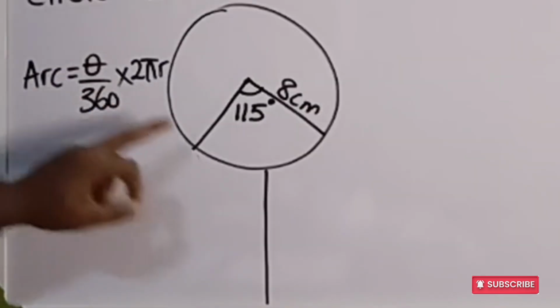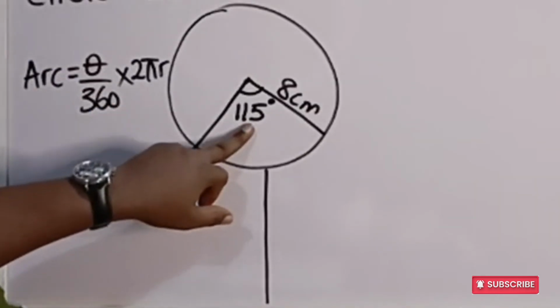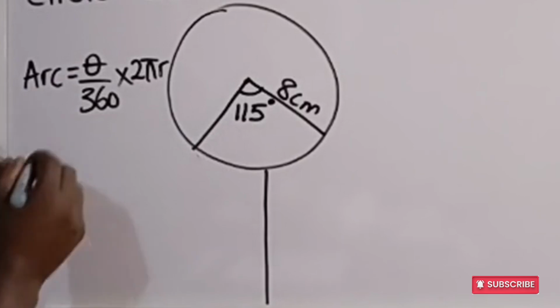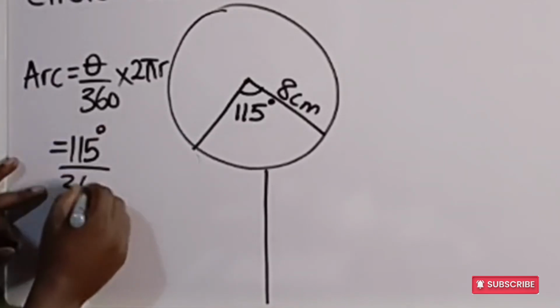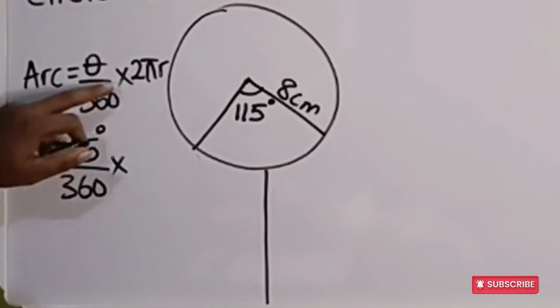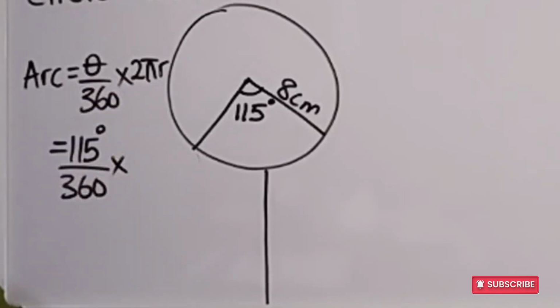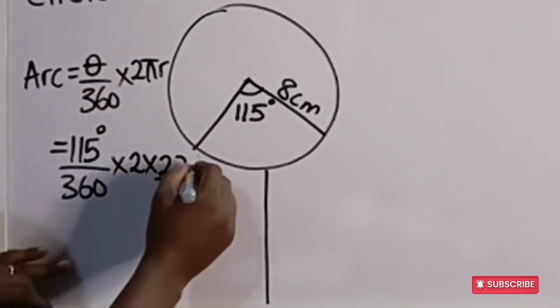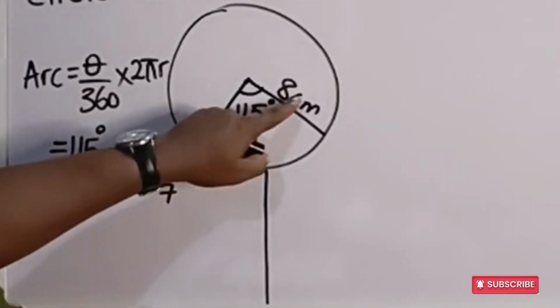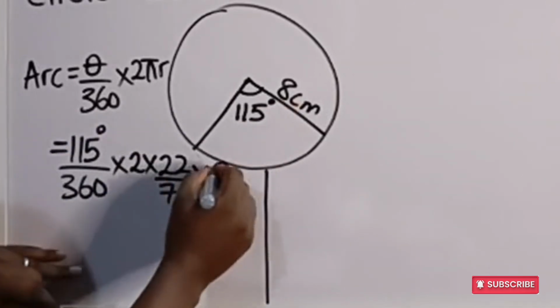So we know that theta is this angle here, which is 115. So we simply have 115 over 360 times 2 pi r. So 2 times 22 over 7 times our radius is 8. The radius here is 8.